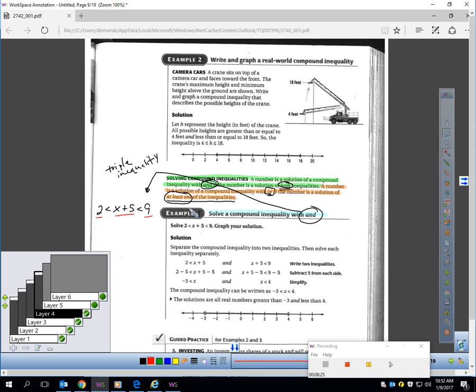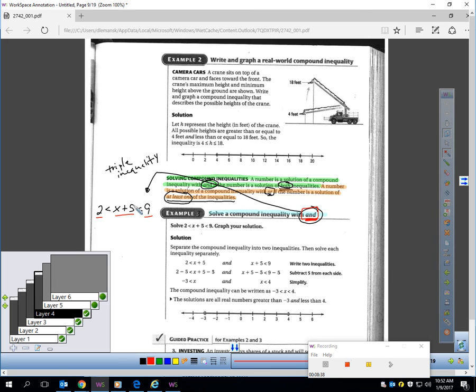You can only write "and"s as a triple inequality. So if you see a triple inequality, it's automatically an "and" problem. "And" and triple inequalities go together.